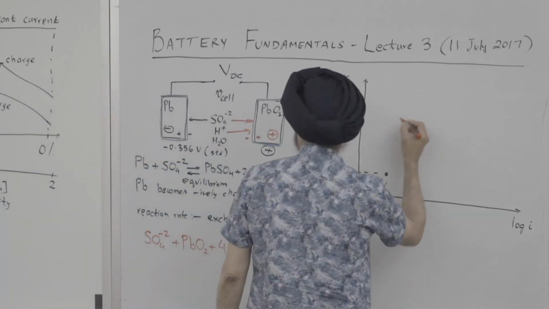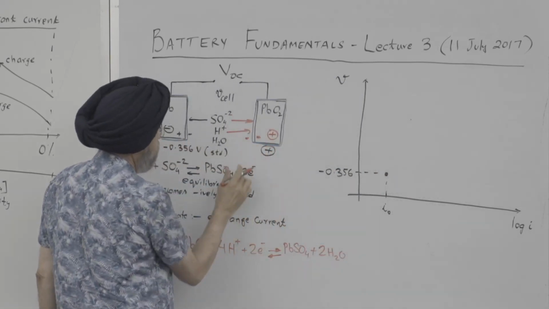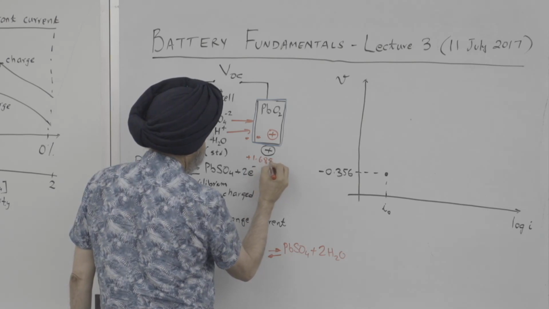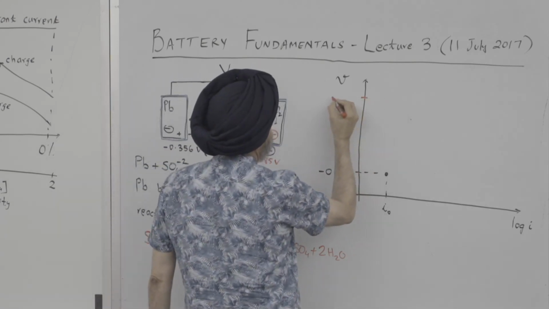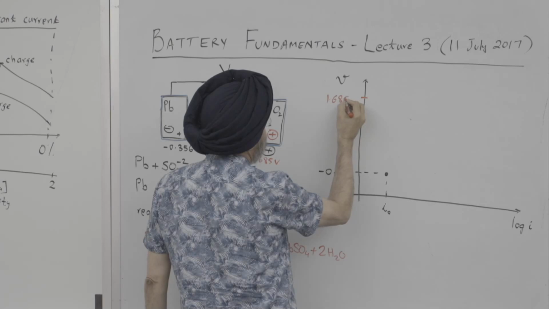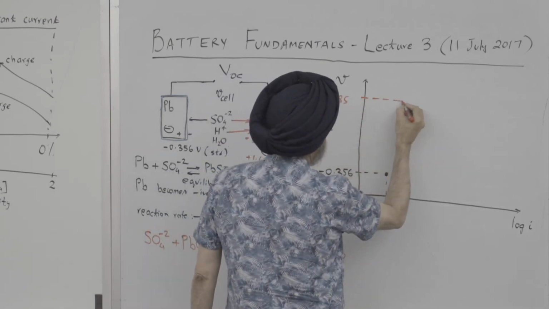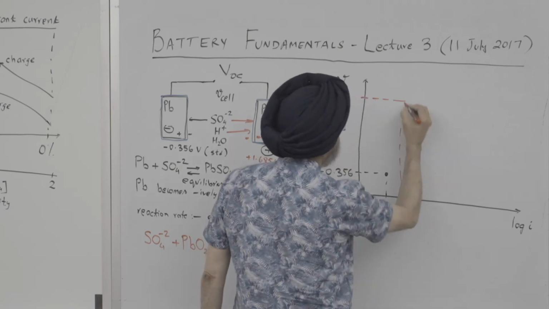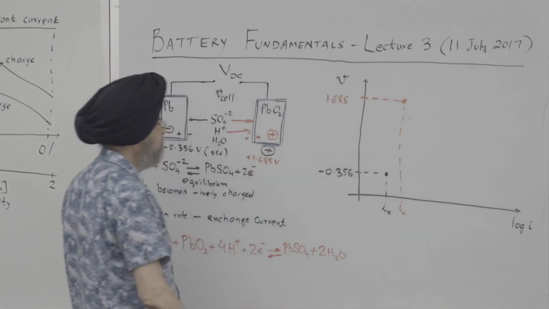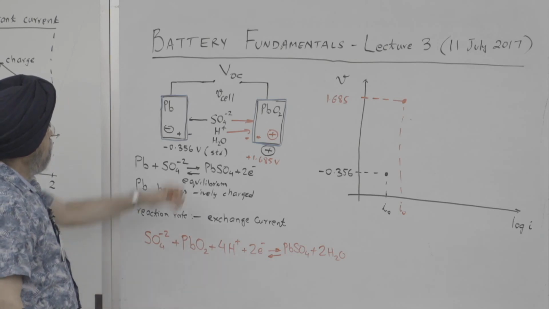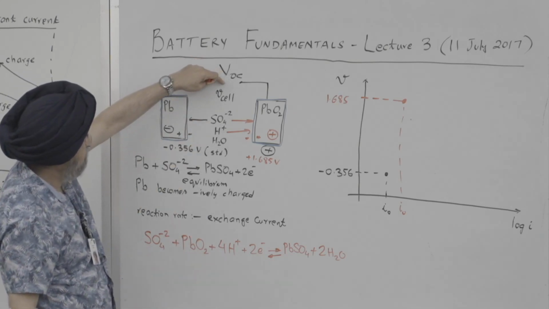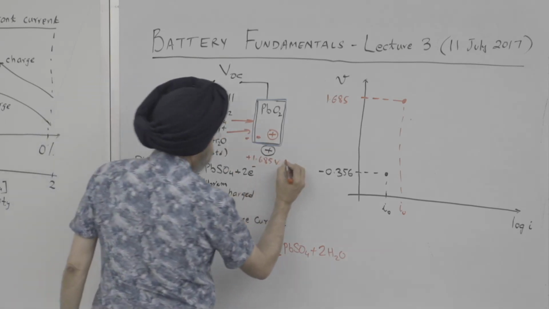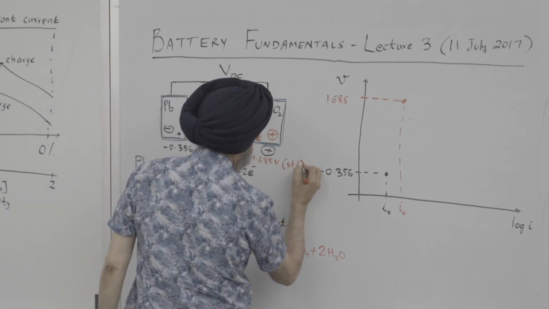So let's draw that. Also there's a voltage over here, which is plus 1.685 volts, and this has an exchange current too. So we have this dot over here. We're in open circuit, and we have this 1.685 volts. This is under standard conditions.